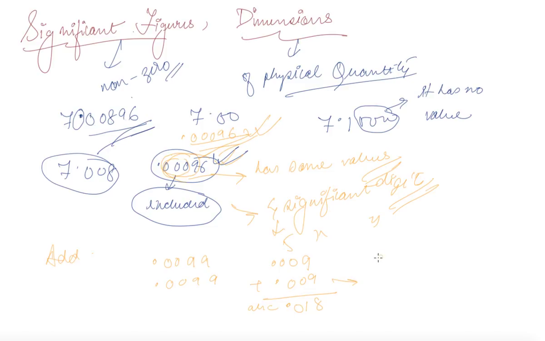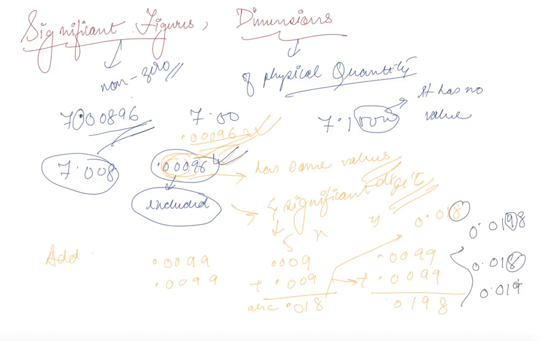But if you look over here, 0.0099 plus 0.0099 gives 0.0198. So this is 8 and this becomes 9. Even if you take 0.018 and 0.019, see this is 8 and this is 9.